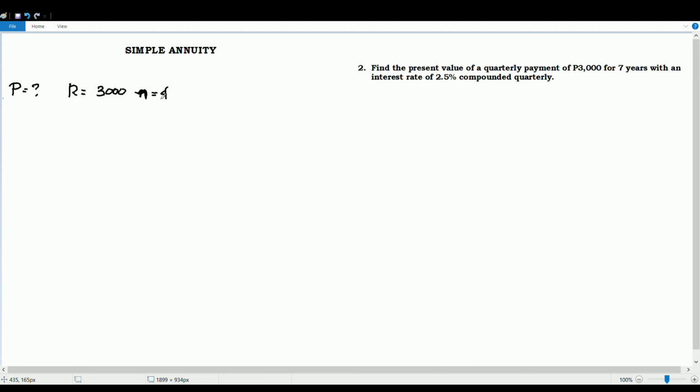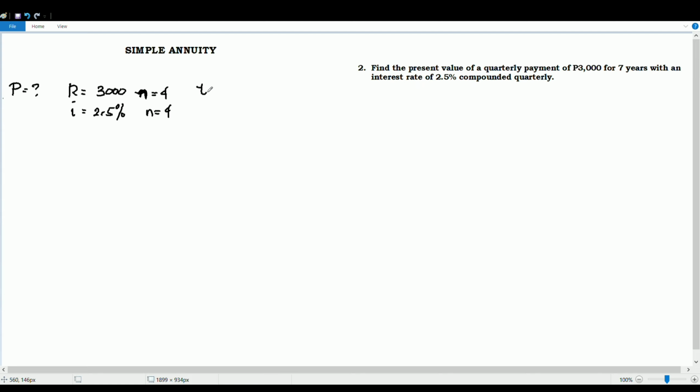Next, the rate is 2.5%, quarterly also. So if you observe, the payment of our regular value is the same as the payment of our interest, that is, they are both quarterly.